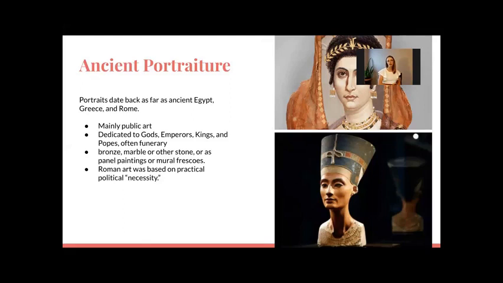So they may have been more flattering. They may have emphasized your power. For example, if someone was trying to portray that someone was really powerful, they might give them broader shoulders or a more chiseled jawline or something. So they started to become a little more idealized.